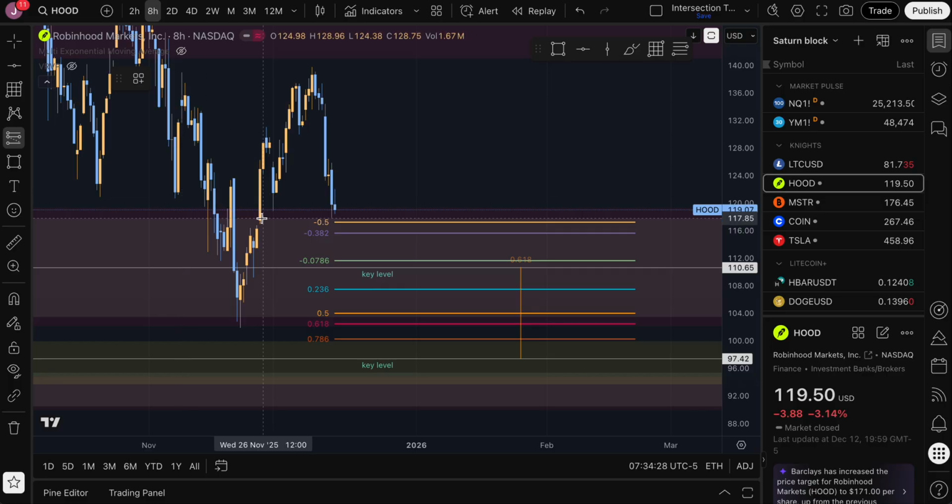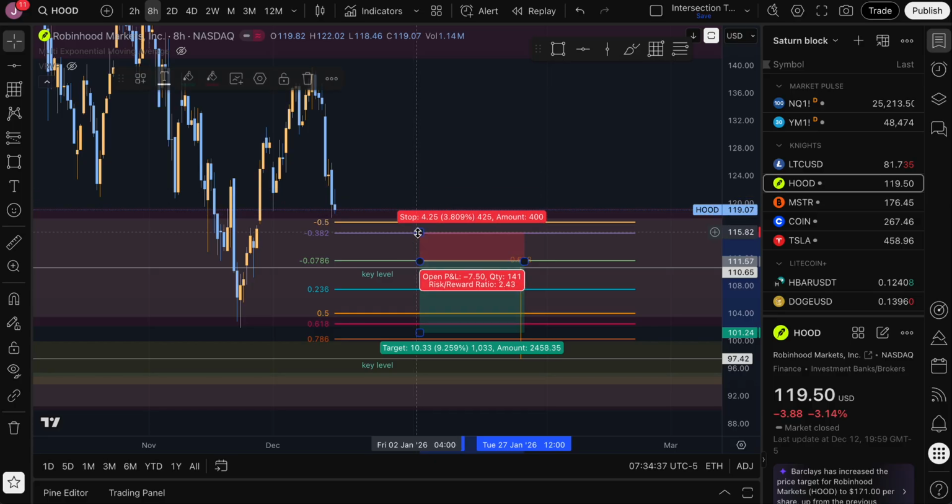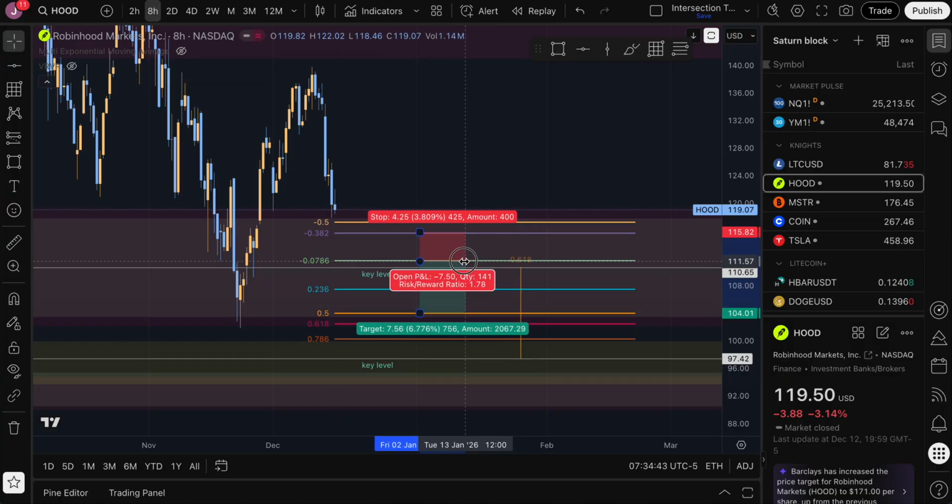We're going short. I like to put it on this offset entry from the key level, and then target 1 would be 0.5.